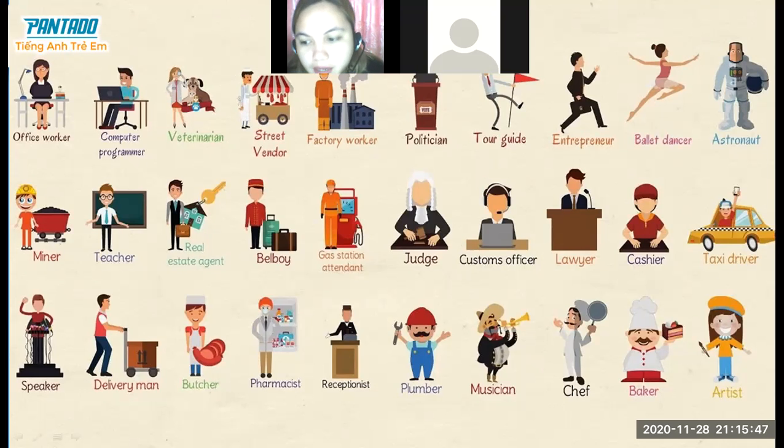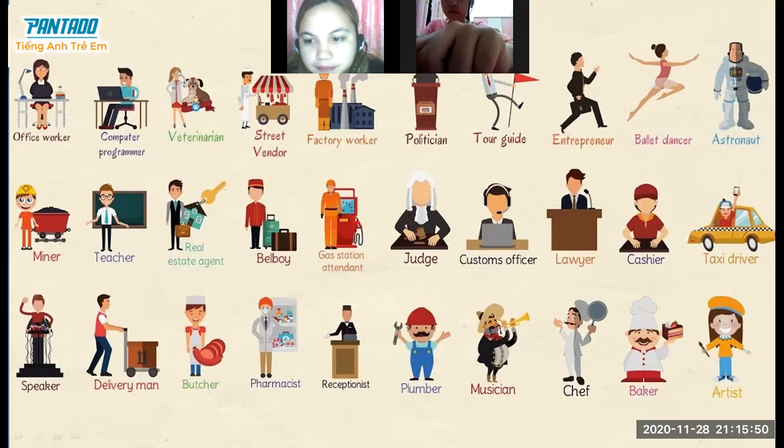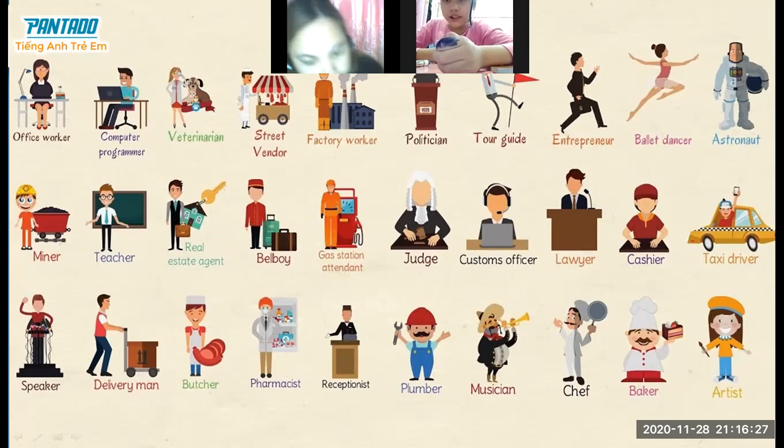What is it? Cashier? What's next? Cashier, taxi driver, speaker, delivery man, butcher, pharmacists, paramedics, research.